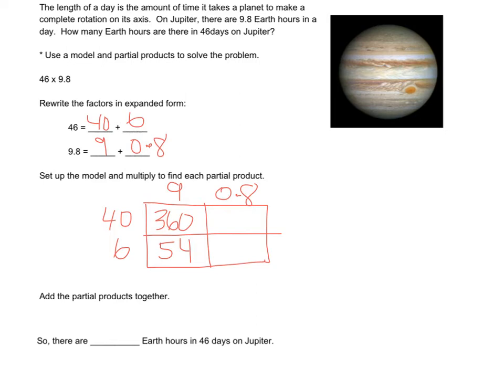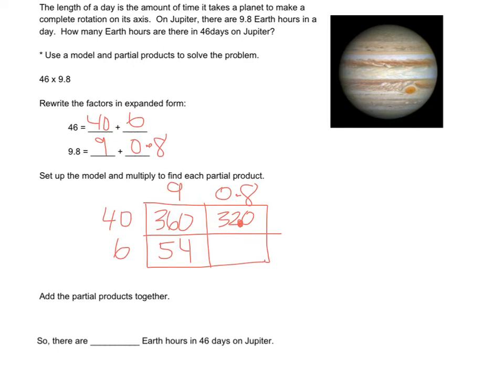40 times 8/10 is kind of like doing 4 times 8. So that would be 320. And then a decimal point, I've got one decimal place here. So my product will also have one decimal place.